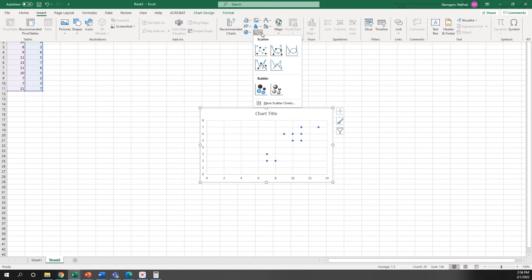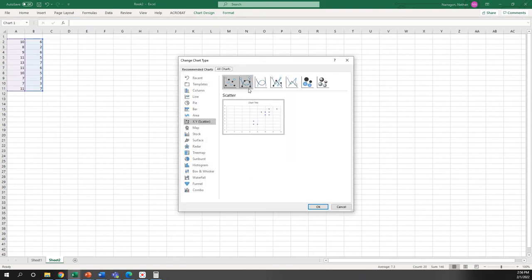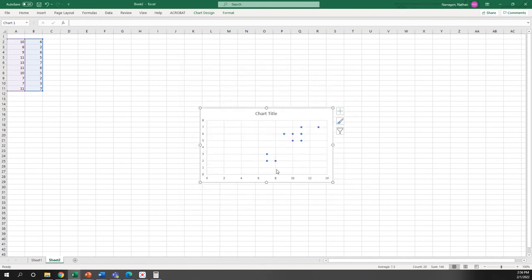Okay? So this helps us a little bit on looking at our scattered charts. We can even look at different ways. Again, I can even bring out bar if I wanted to. But we just want to see it scattered.